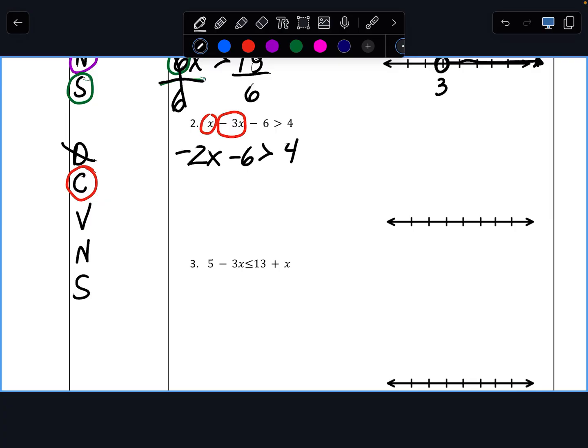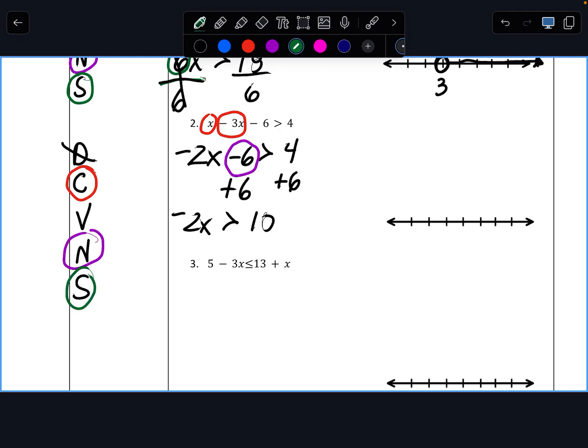I don't have a variable on both sides, but I do have the number. So I want to move this negative 6 to the right side using inverse operations. Right now it's minus 6. I'm going to add 6. And I get negative 2x is greater than 10. Now, I need to solve.